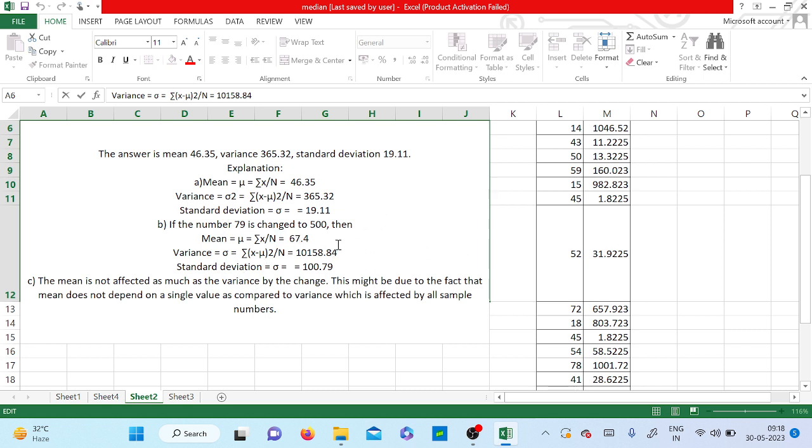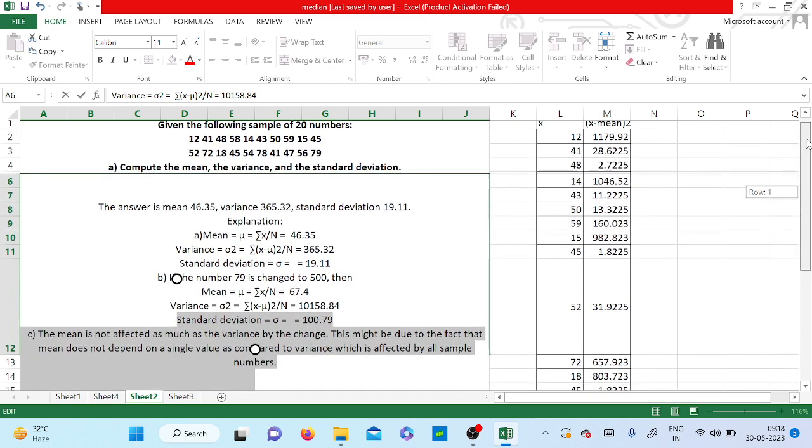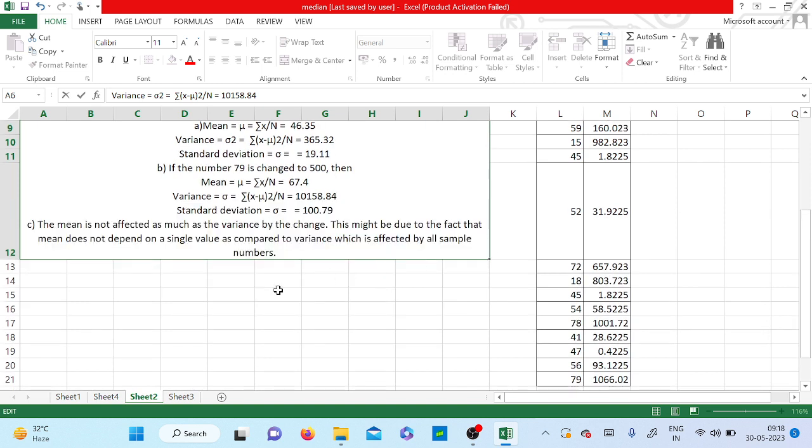We just exclude the 79 and add the 500 with all the other values. We use the same formulas: summation x by n, summation of x minus mu squared by n, and the standard deviation as the root. Finally, the mean is not affected as much as the variance by the change. This is because the mean does not depend on a single value, compared to the variance, which is affected by single values.